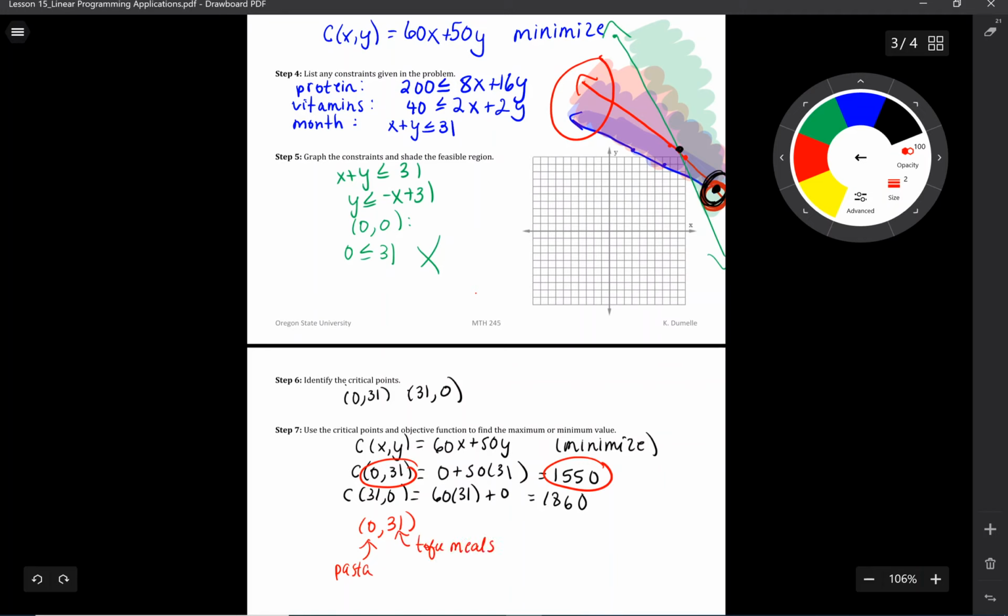So this means that to minimize cholesterol and to get all of the nutrients that he needs, proteins and vitamins, really, he should eat tofu every day.